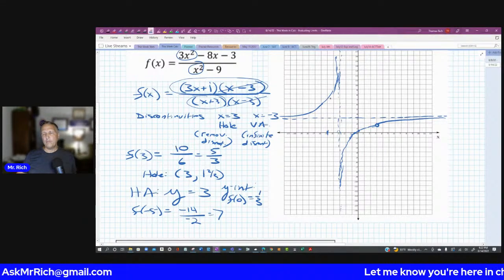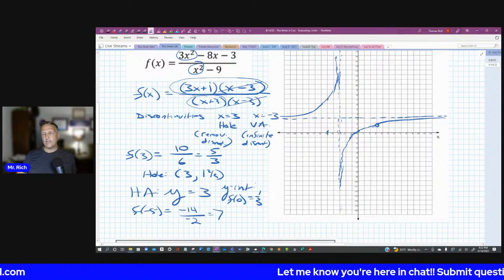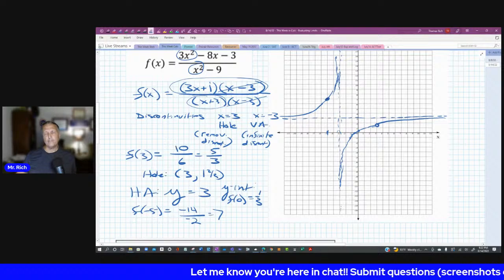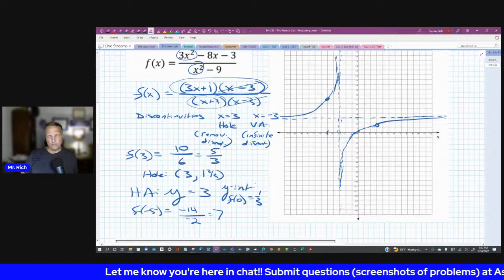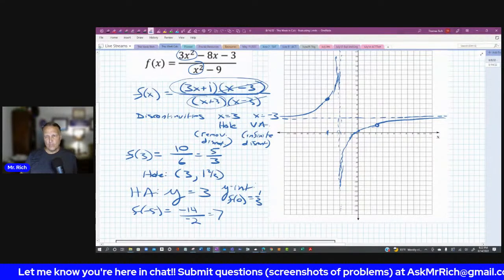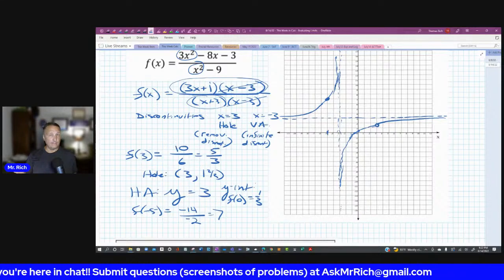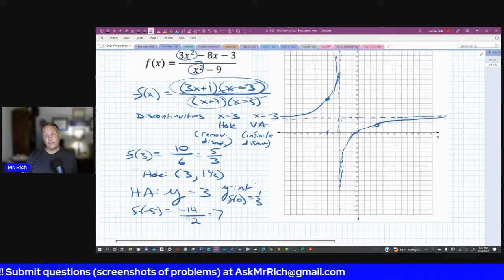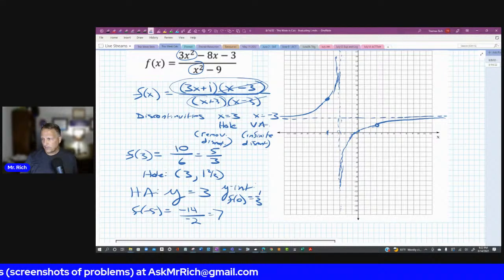Wow, by chance I just happened to nail that by accident, but that's where that thing is passing. So that kind of confirms the location of that portion of the graph that's to the left of the vertical asymptote at x equals -3.